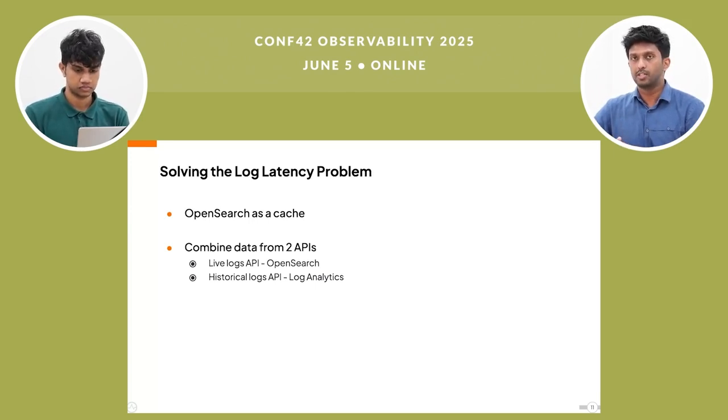We had a live logs API which fetched data from OpenSearch, and a historical logs API which fetched data from log analytics. OpenSearch retained data for about an hour and a half, and log analytics retained for a longer period than that. So since OpenSearch had a lower latency, we were able to show the logs quickly by fetching that data from the live logs API.